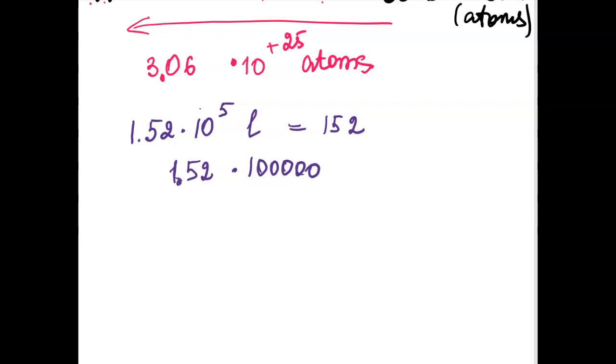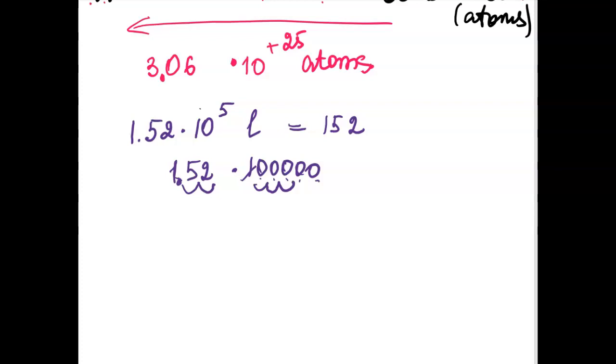Okay, the 5 means that I need to move my decimal point 5 spots, 5 positions to the right here. So 1, 2, I'm not counting this, 3, 4, 5.